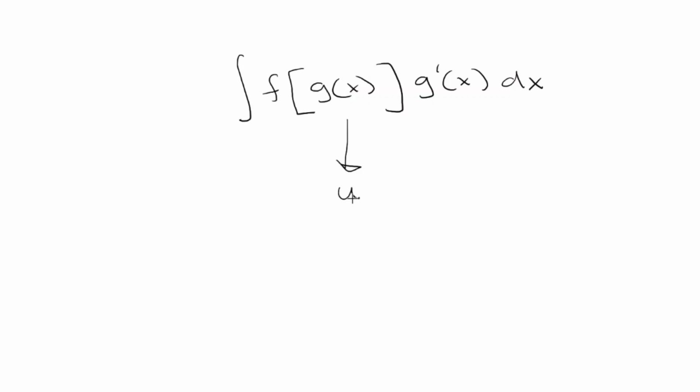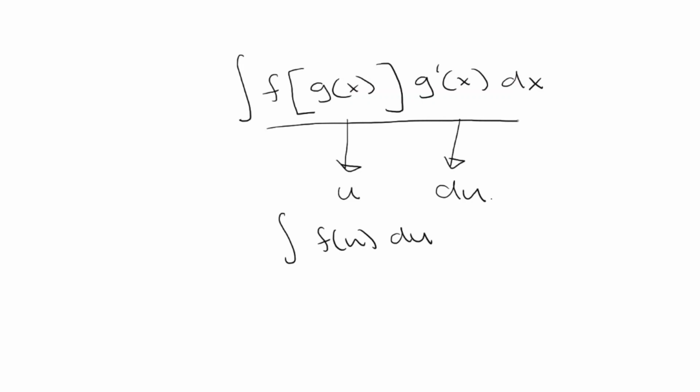And by the way, the other name for this is u-substitution, right? And then g prime of x becomes the derivative of u. So what we're actually doing is the integral of f of u du when we have something set up like this. Okay, so that's very important to bear in mind.